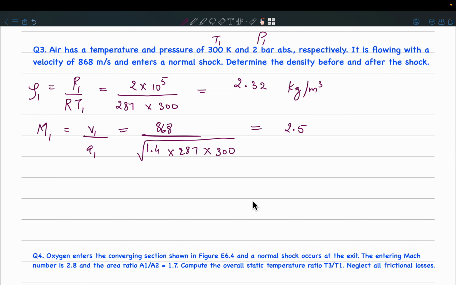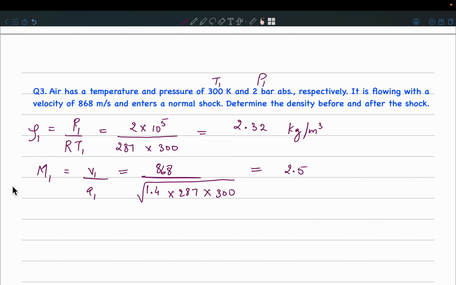Now from the shock table, gas tables, you can tell me P2. You can tell M2, P2 by P1, all these values. M2 is 0.512. And you can directly find the density ratio, right?